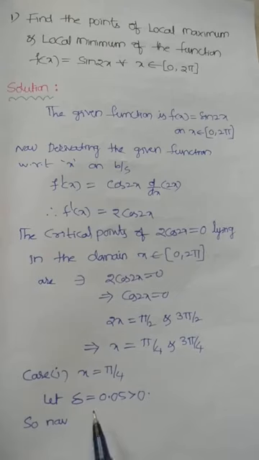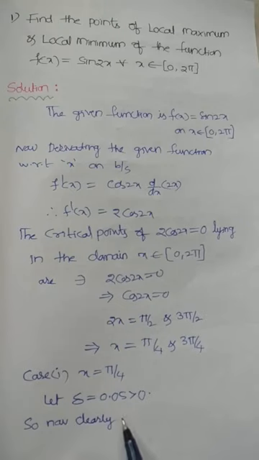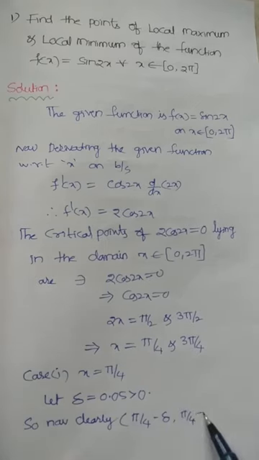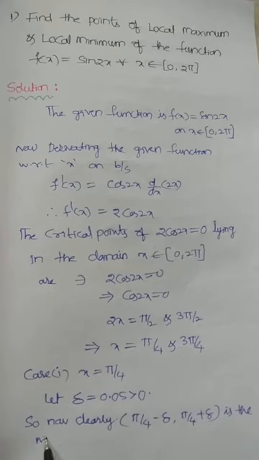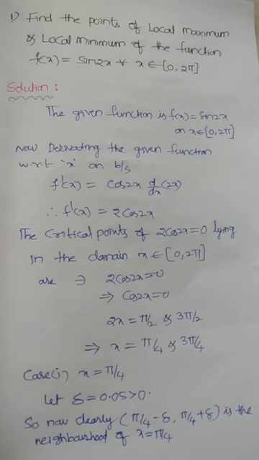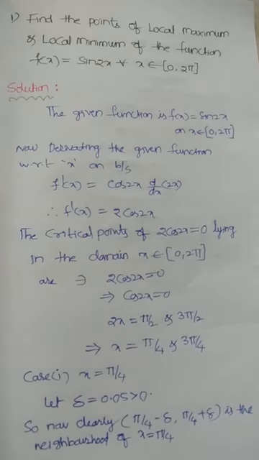Clearly we can observe that pi by 4 minus delta comma pi by 4 plus delta is the neighborhood of x equal to pi by 4, isn't it? So I have selected a neighborhood for x equal to pi by 4.